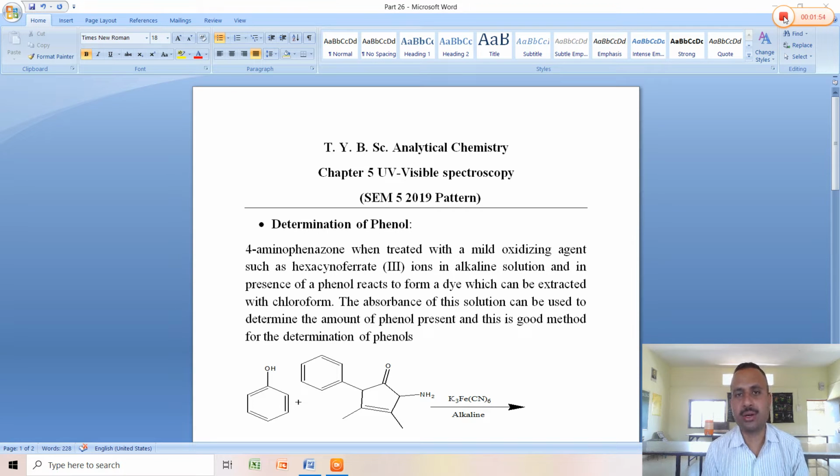So this is in accord with the principle. Phenol is treated with 4-aminophenazone in the presence of a mild oxidizing agent, and further it is extracted with chloroform, and the absorbance of that aliquot is determined, so traces of phenol can be determined.